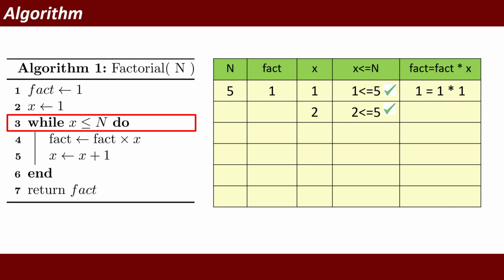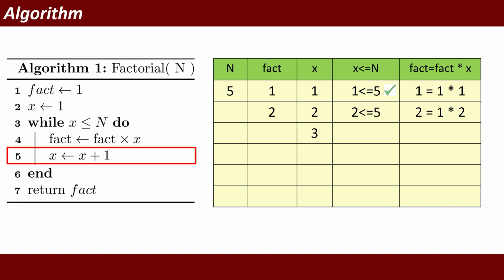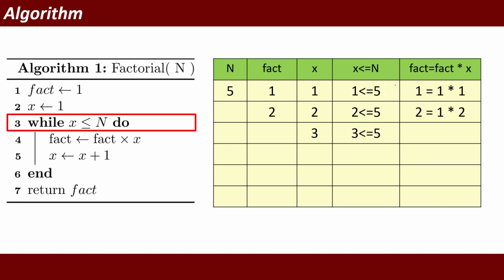Now it will again enter the body of the loop, and it calculates 1 times 2. The value of fact is 1, the value of x is 2. 1 times 2 is 2, and 2 is given to the variable fact. Next, x will increment by 1 and become 3, and then it will check 3 is less than or equal to 5.